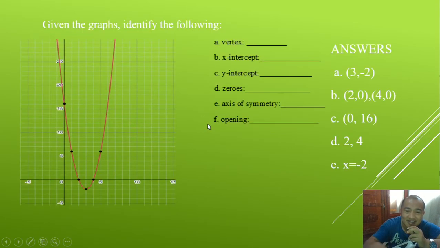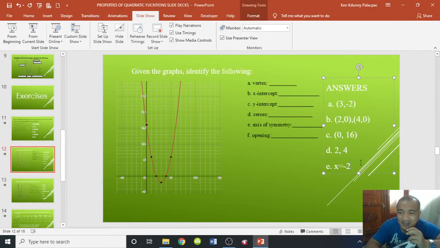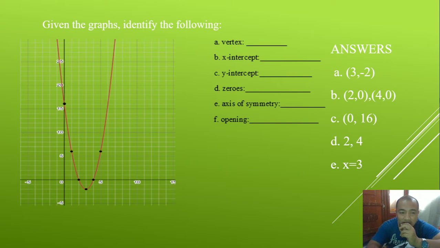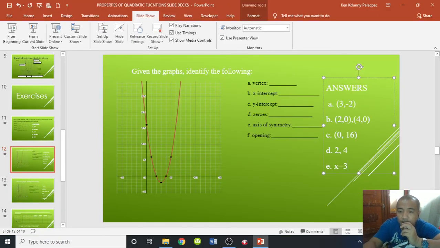I'm sorry for that. Negative 2 is k. So it should be x equals 3. The line x equals 3 is the axis of symmetry. And last, opening. The opening is upward.